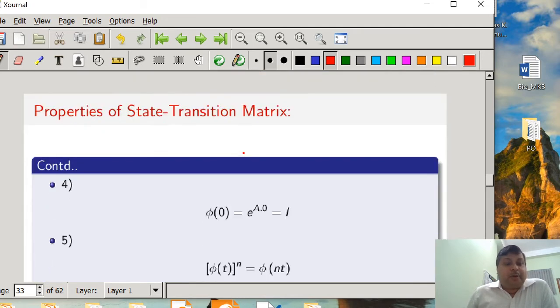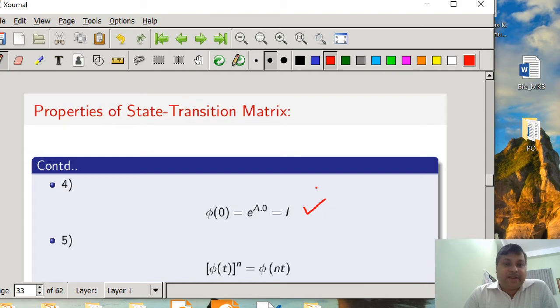So now property 4 is saying that phi of 0, which is e to the power a into 0, will always be an identity matrix. That is also a very important property, by which, when you compute e to the power at, you can easily verify whether the result is correct or not.